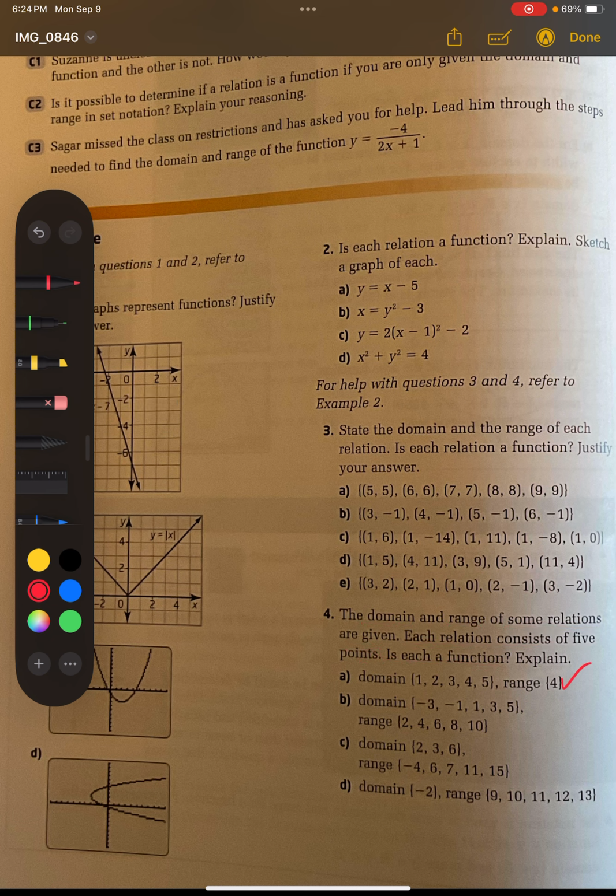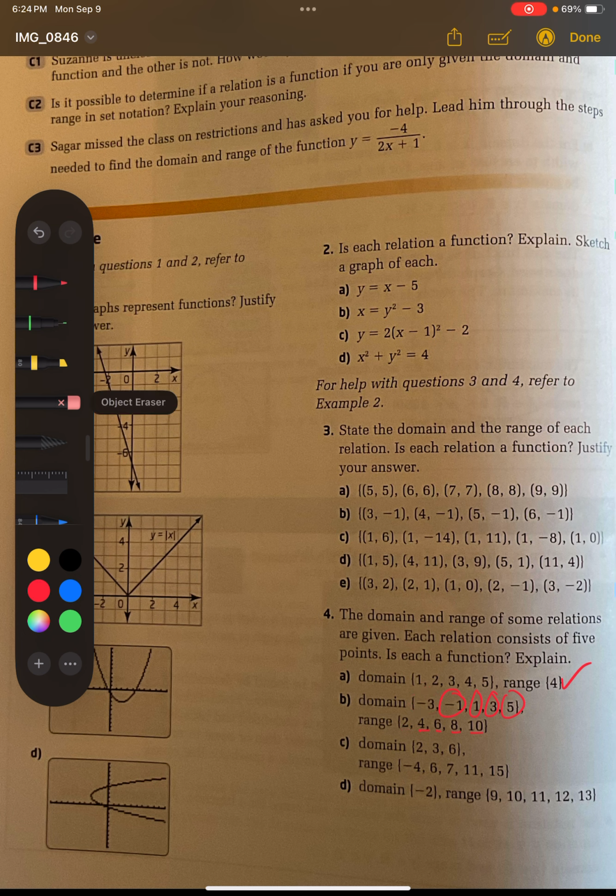Check for B, is a function. Here we have something else. We have -3, -1, 1, 3, and 5, pointing to 1, 2, 3, 4, and 5 different values.